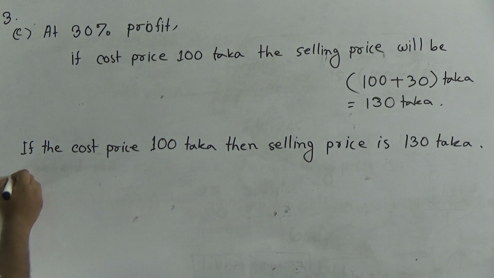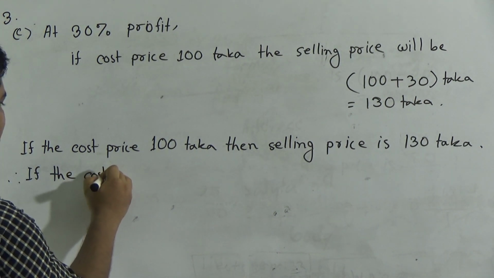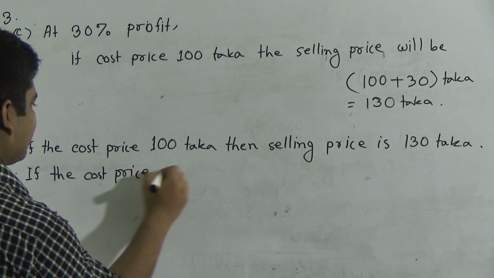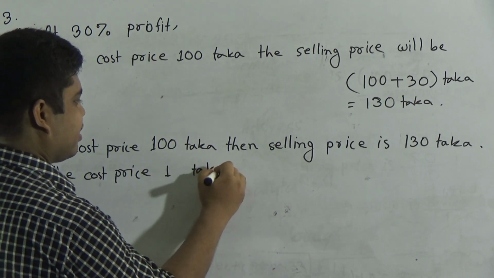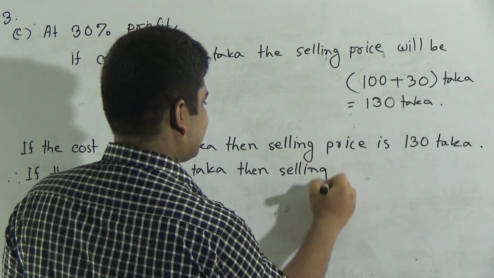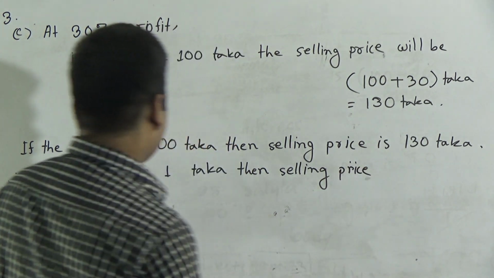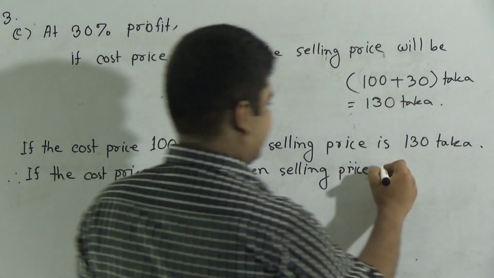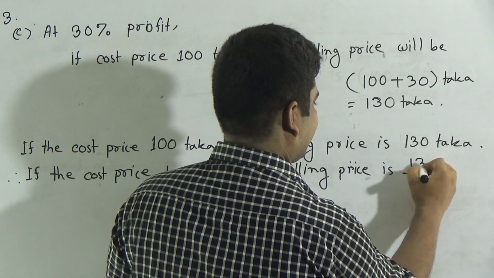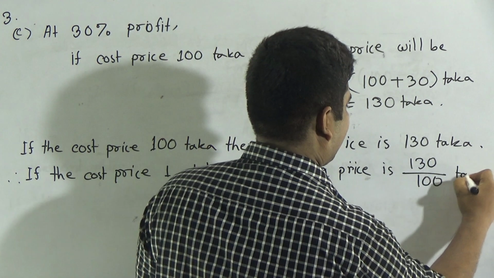Now therefore by the unitary method, if the cost price is 1 taka, then the selling price is, as 1 is less than 100, for this reason division will happen, that means 130 divided by 100 taka.